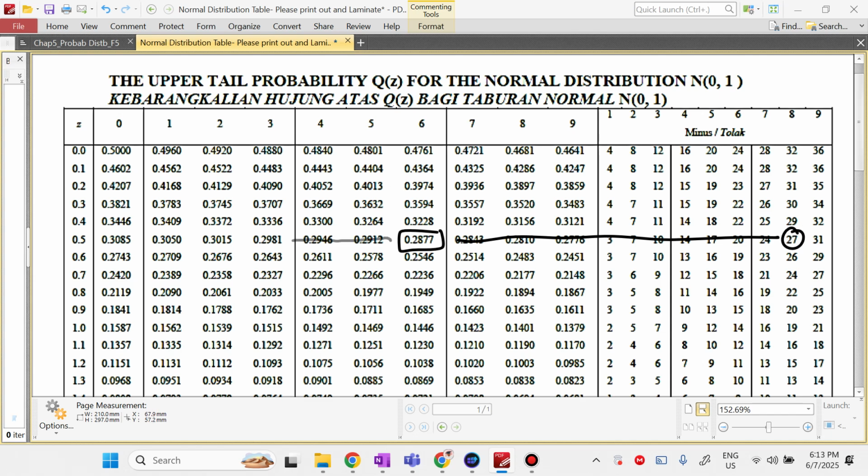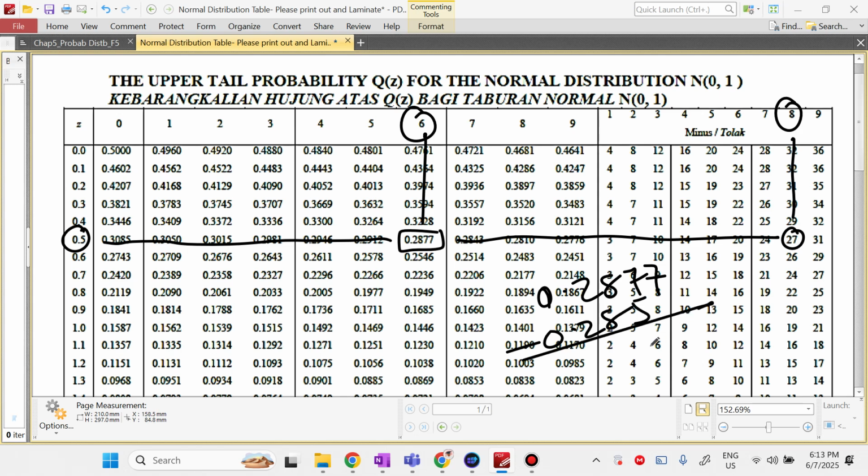So what is your Z value? First pick 0.5, 6, 8. Right, guys? I'm taking slightly bigger than 0.285, which is 0.2877. And then what did we do here? 0.2877 minus 0.285, you will get 27. Right? 27 is here, I marked here already. So 0.5, 6, 8.